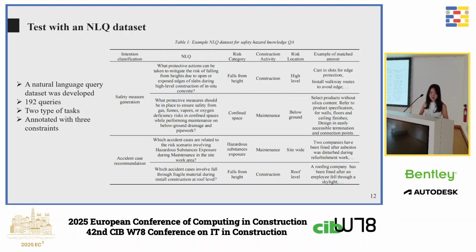We test our method using a natural language query dataset with 192 queries, which covers 2 types of tasks, safety measure generation and accident case recommendation. It includes 3 constraints: risk category, construction activity, and risk location. This is a sample of the dataset. For each row, we have a natural language query, an annotation with 3 constraints, and also the answer to the query.